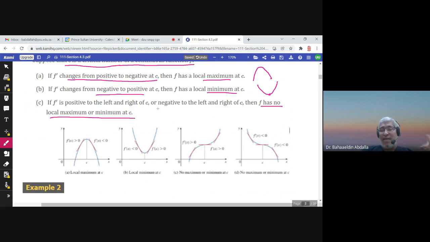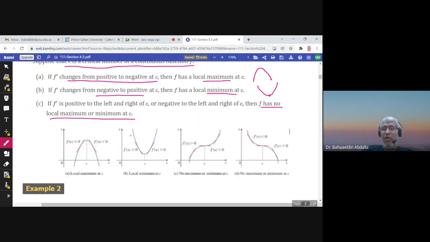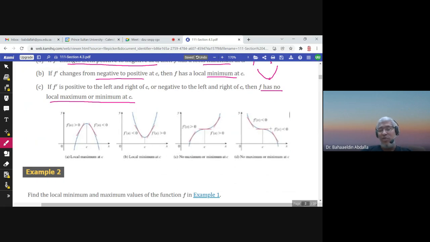So a critical number could be a local maximum, a local minimum, or just nothing. It could have a horizontal tangent because f prime is 0, or f prime does not exist, so a vertical tangent maybe.